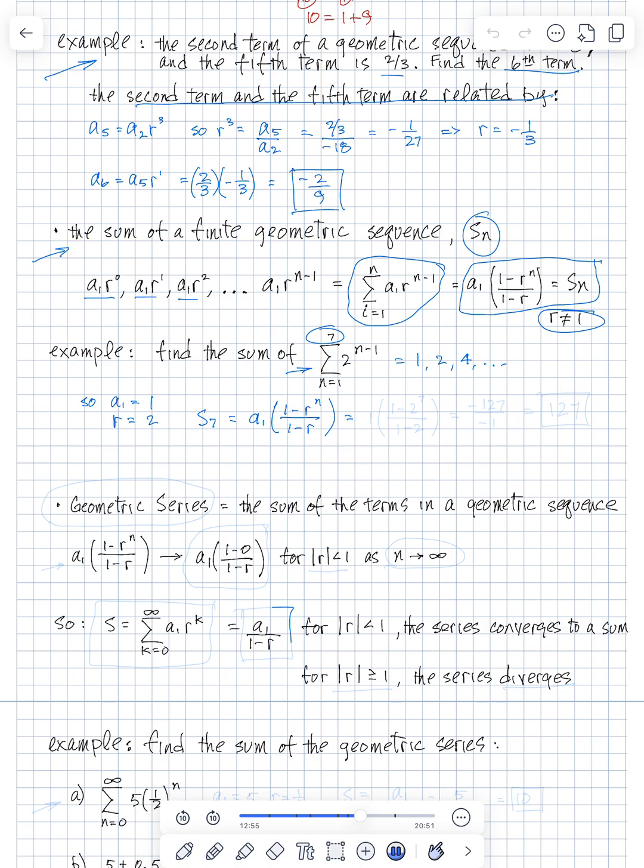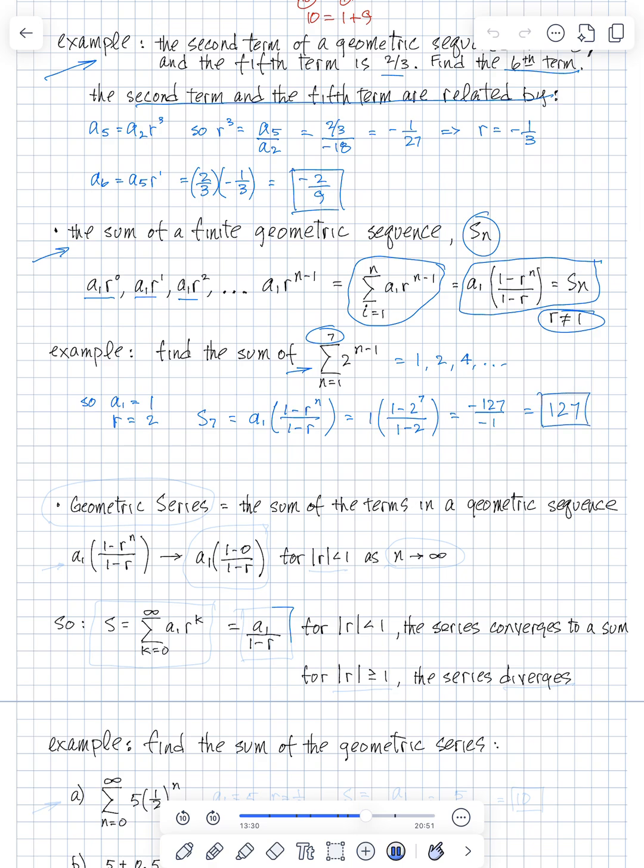So that's equal to 1 times 1 minus 2 to the 7th over 1 minus 2. That turns out to be negative 127 over negative 1. So the answer is 127.